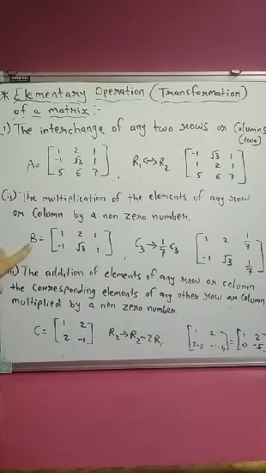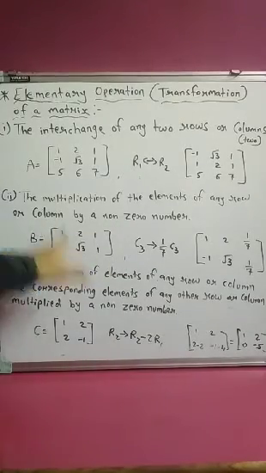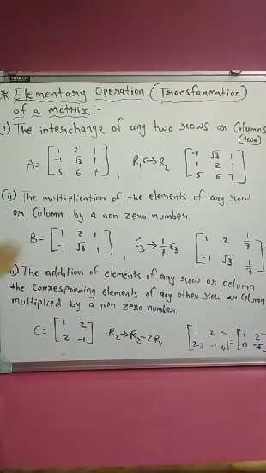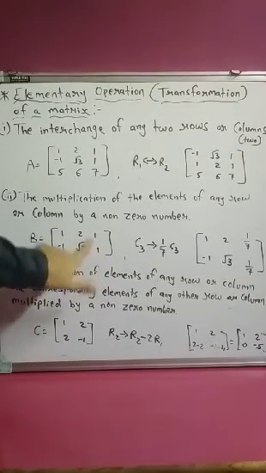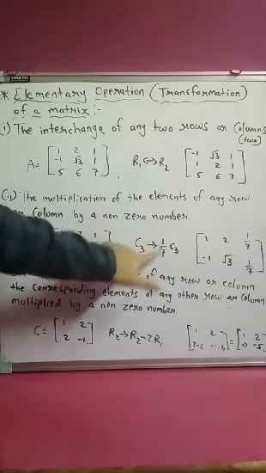We are multiplying here, this is first row, second row, first column, second column and third column. What we are doing over here, let us consider one matrix B. Now in this matrix, column 3 is 1 and 1. This is the column 3. Column 3 we are multiplying by 1 by 7.